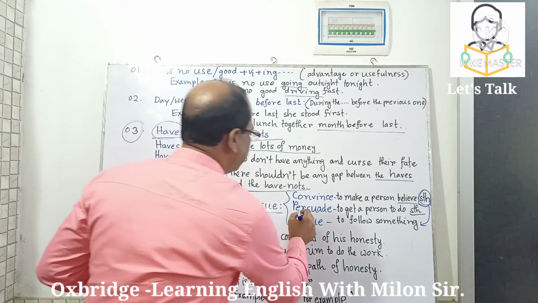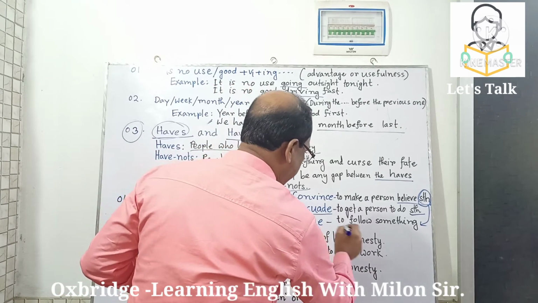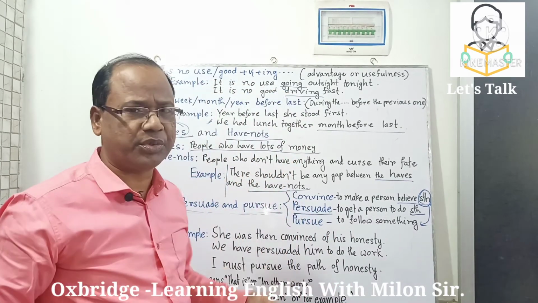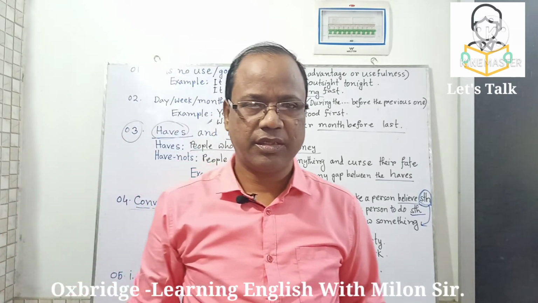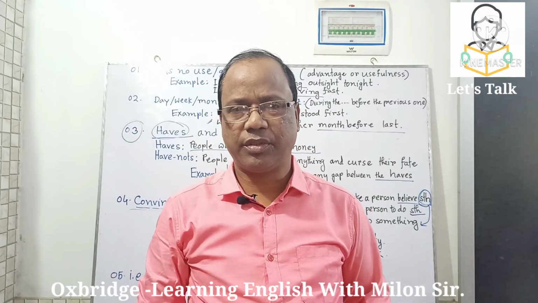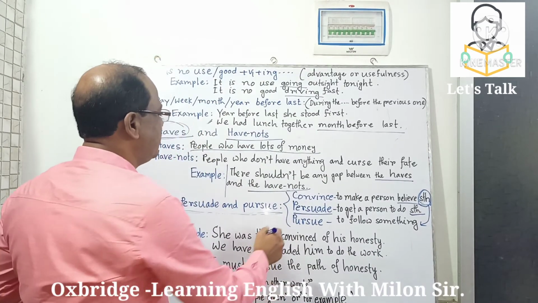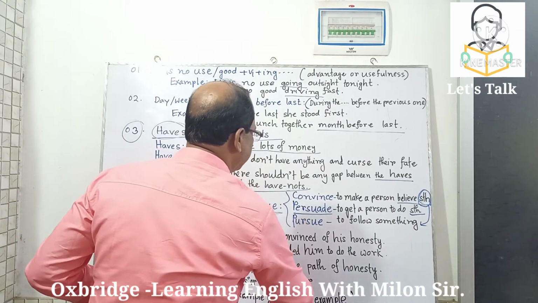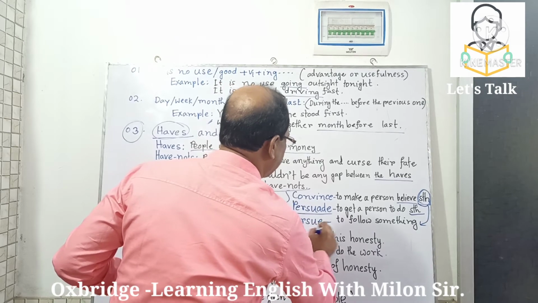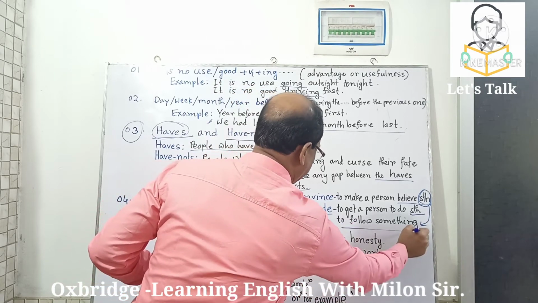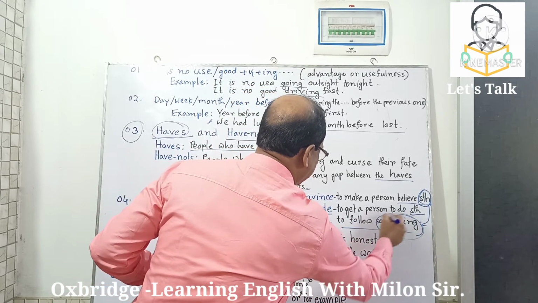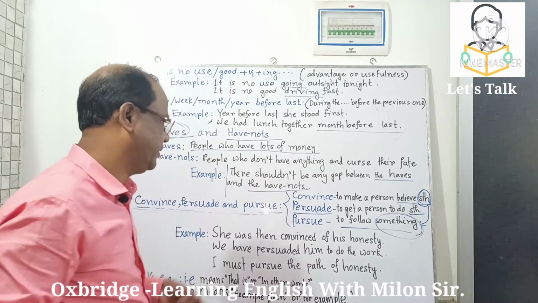And the second one, persuade. Persuade means to get a person to do something. And our third term, pursue. Pursue means to follow something, to obey something.